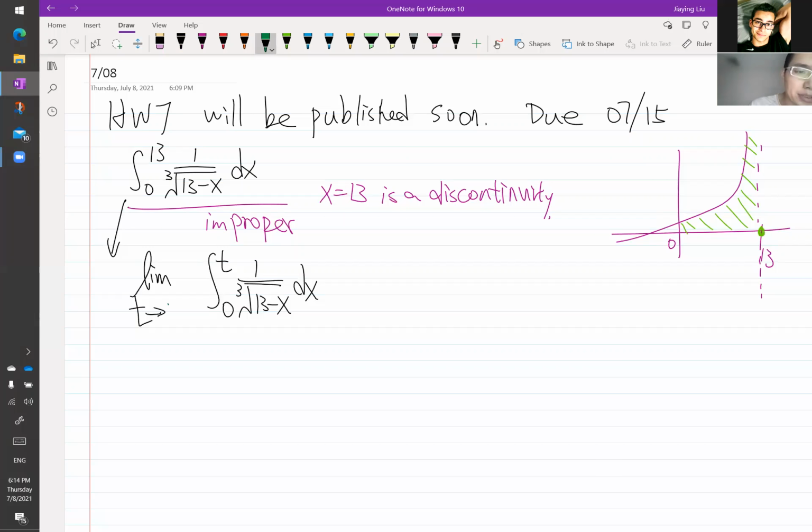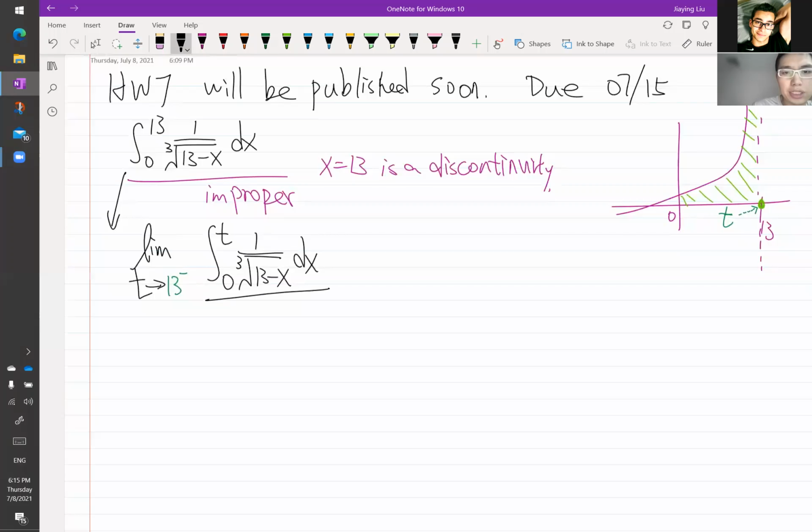It's going to relate to 13, but is it the left or right side of 13? That's what you need to find out. Well, I always look at the area I'm integrating over, because the area is on the left side of 13. So the t value will approach 13 from the left. So t goes to 13 minus.